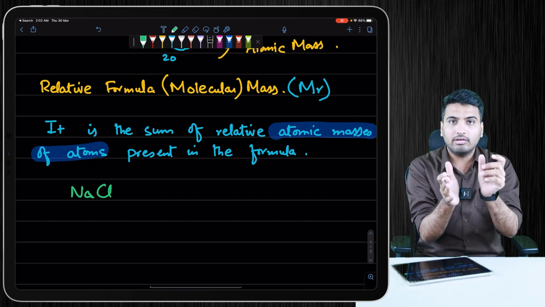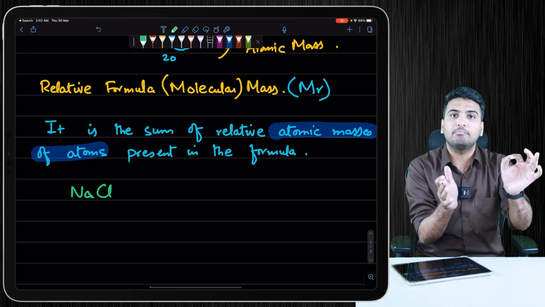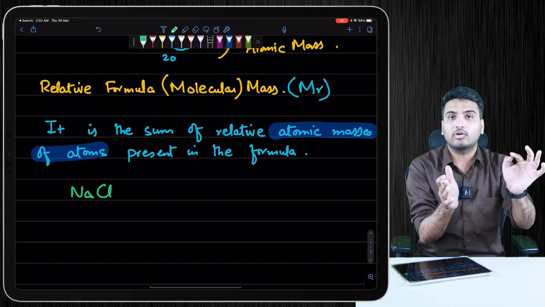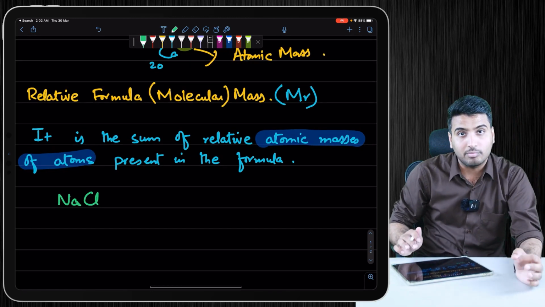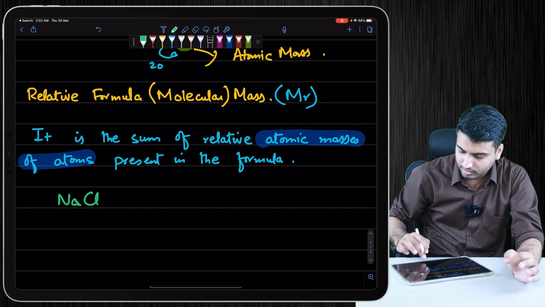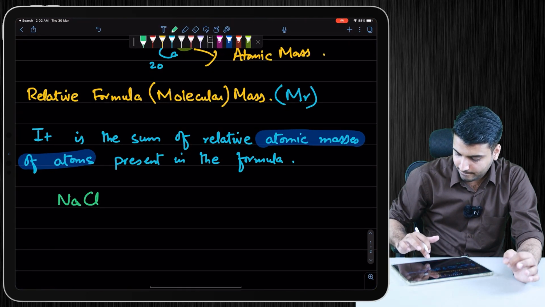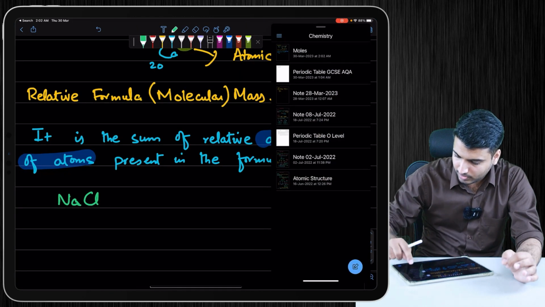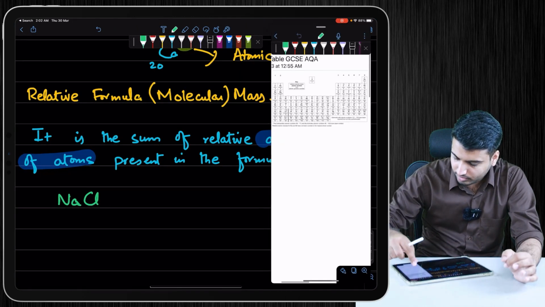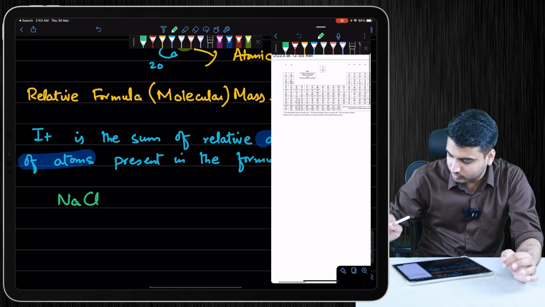So in calculating formula mass, what do we need to do? We simply add up their relative atomic masses. For relative atomic masses, we need to see the periodic table, so let us just open the periodic table.